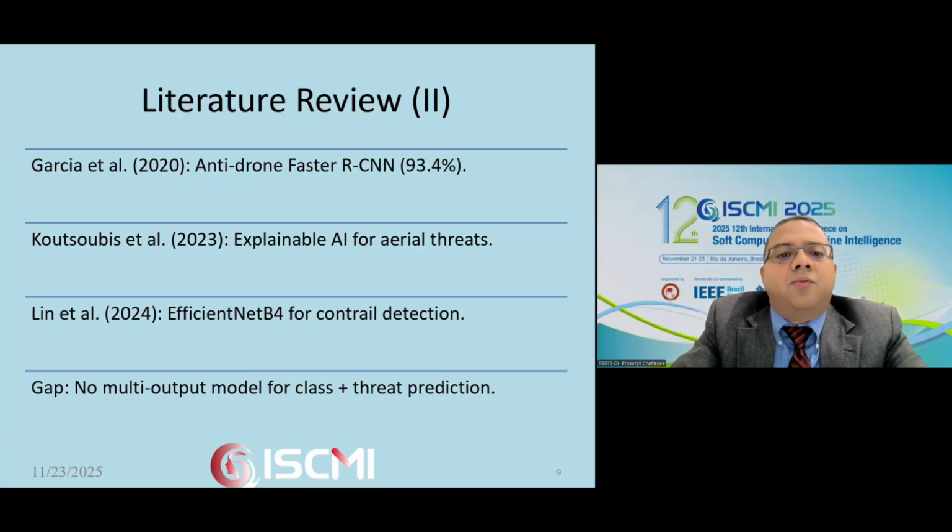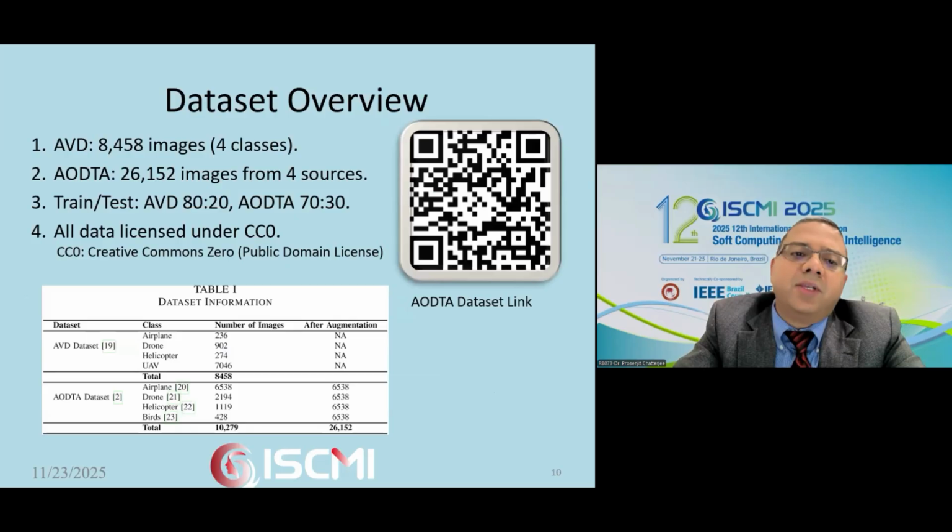We already discussed that we use two datasets. One is the AVD dataset, which consists of about 8,458 images with uneven class distributions. That is also a note for everyone in the research community.